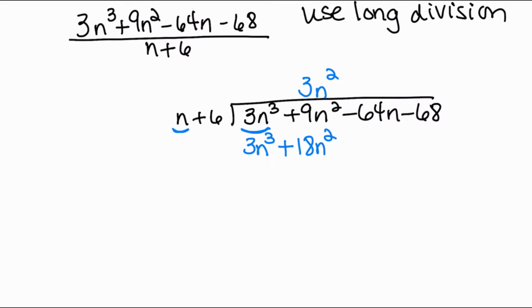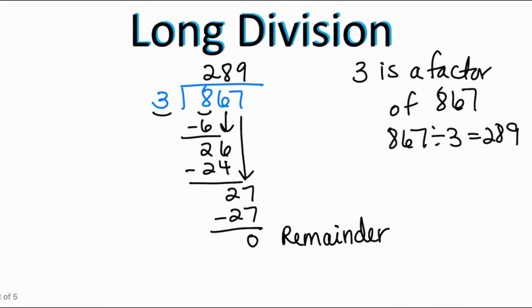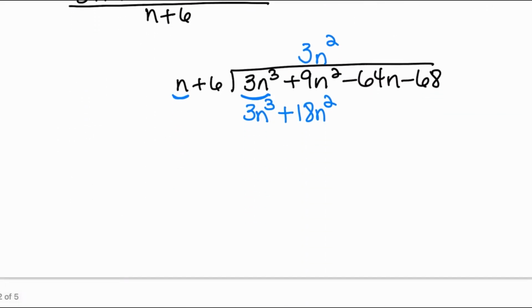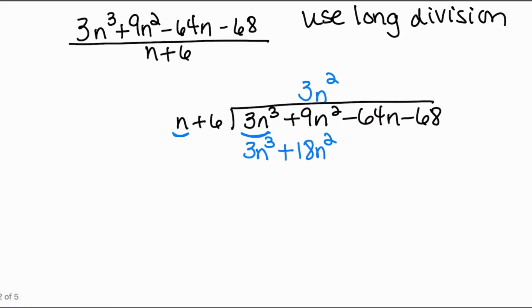So now this is what I'm going to do. If you remember when we did long division just now, we were subtracting. Once we got to this part, we said minus 6, minus 24, minus 27. So we're subtracting. We're doing the same exact thing in this problem, except now I'm going to draw a line.